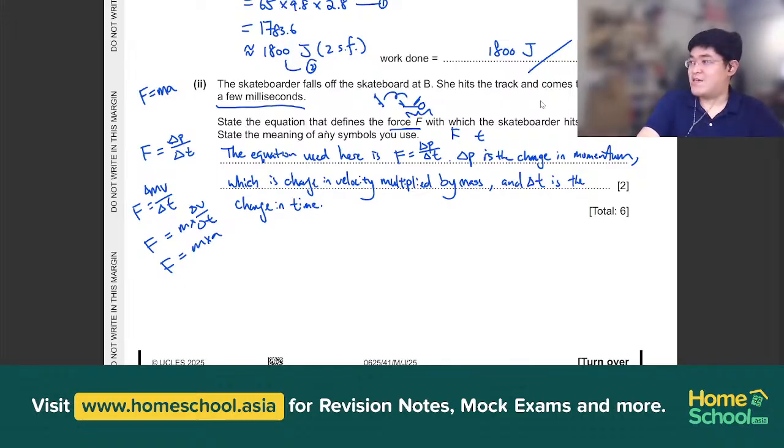Once you write that down, and also everything over here, you should get your full 2 marks. So 1 mark for writing down this equation, and your second mark is when you explain what delta P and delta T are. Is everybody clear so far?